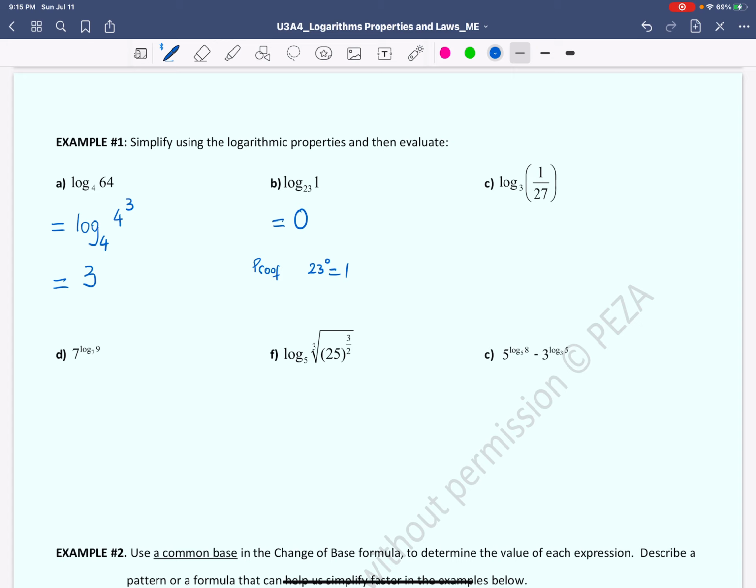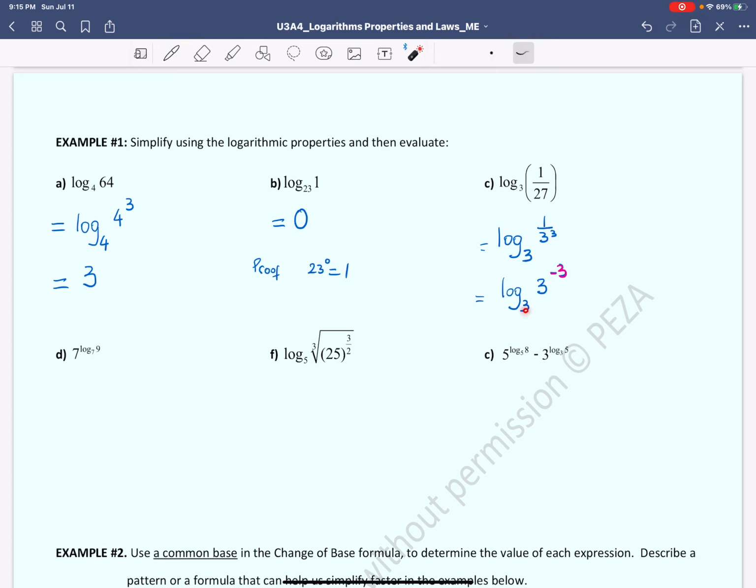Next, we have log with base 3 of 1 over 27. So I will convert 1 over 27 into an exponential with base 3. I'm taking the steps slowly. Obviously, you can do this in one single step. So 1 over 3 to the power 3 is 3 to the power negative 3. And notice how here we have just negative 3.